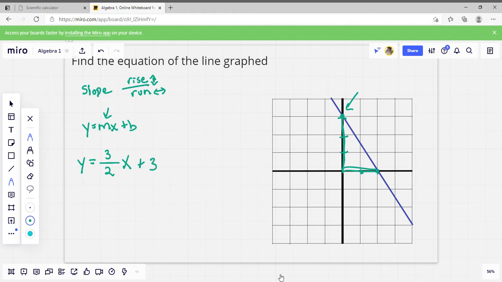Now, we have a problem with our slope here, because when we measured this, we didn't take into account which direction the line was going. So this line is going downhill, so that means it's going to be a negative slope. Because I went over 2, so that's my bottom number. Now I went up 3, let's see.